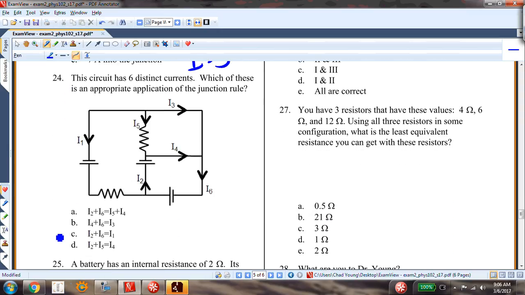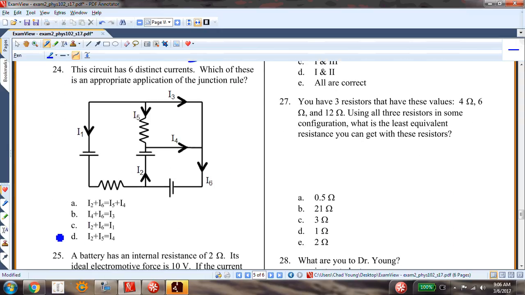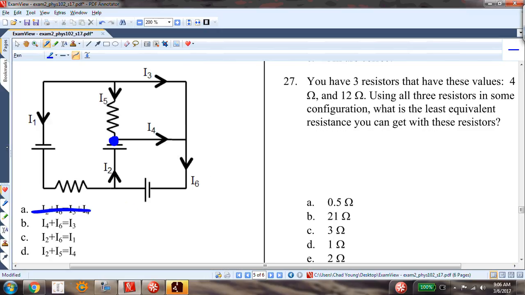Circuit has 6 distinct currents. Which of these is an appropriate application of the junction rule? I2 plus I6 equals I5 plus I4. No, that's not correct. Go back to this.